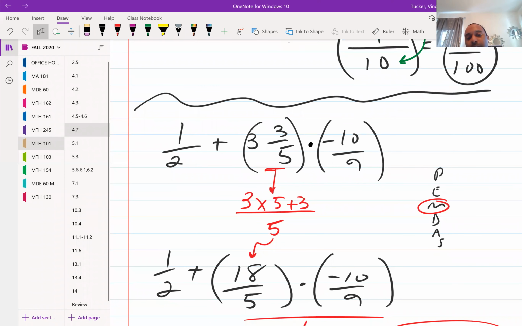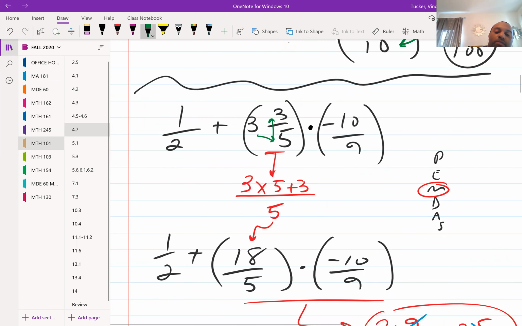So that's 3 times 5 plus 3, you know, whole number times the denominator plus the numerator. 3 times 5 is 15, plus 3 is 18, so it's 18 over 5. According to PEMDAS, we're going to do multiplication next.